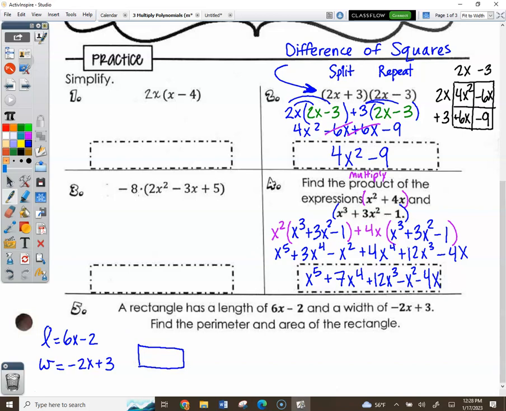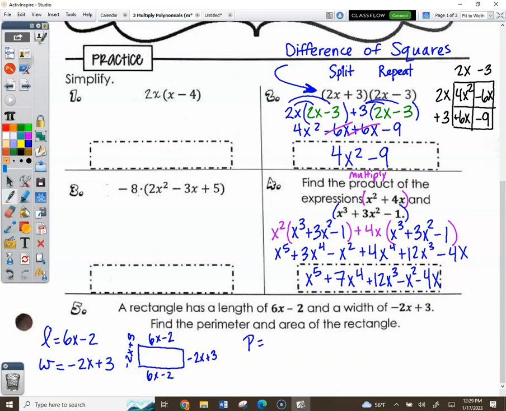So what's the length? What's the width? So if I'm trying to find the perimeter, I would simply add all of them up. There's a shortcut to it. The shortcut is to recognize, well, how many lengths are there in a rectangle?